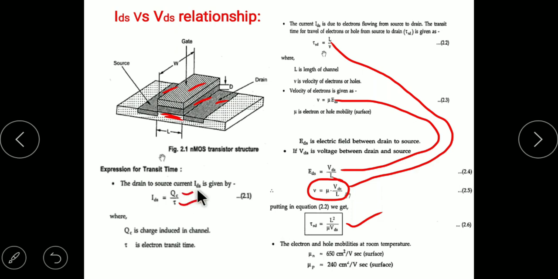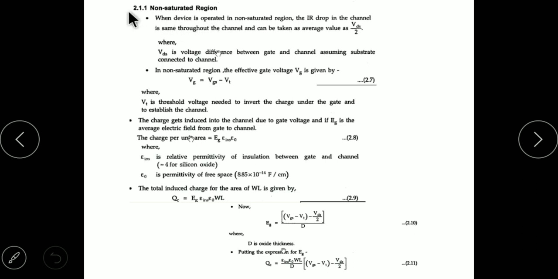Now you have to derive QC, then substitute in this equation, and you will get the IDS expression. So now we are going to derive QC. In the non-saturation region, the channel is uniformly distributed. Then the IR drop in the channel is the same throughout the channel. Why?